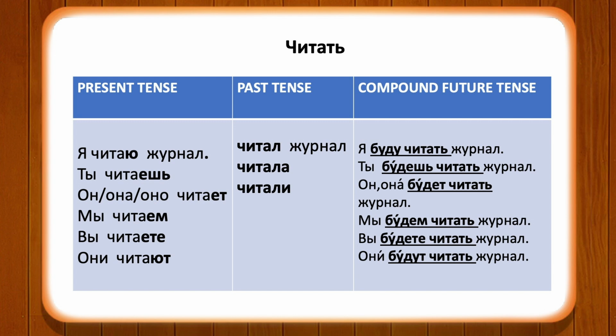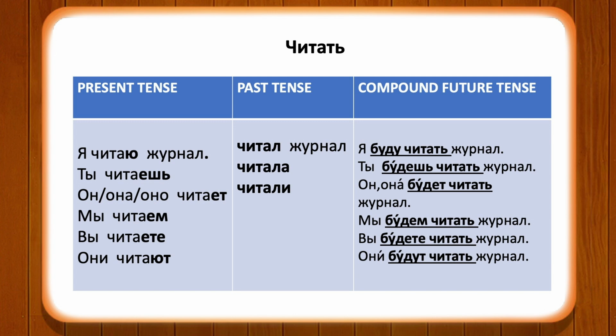The past tense form for masculine, it is читал. For feminine, it is читала. For plural, it is читали. The future tense form would be я буду читать, ты будешь читать, он будет читать, она будет читать, мы будем читать, вы будете читать, они будут читать.